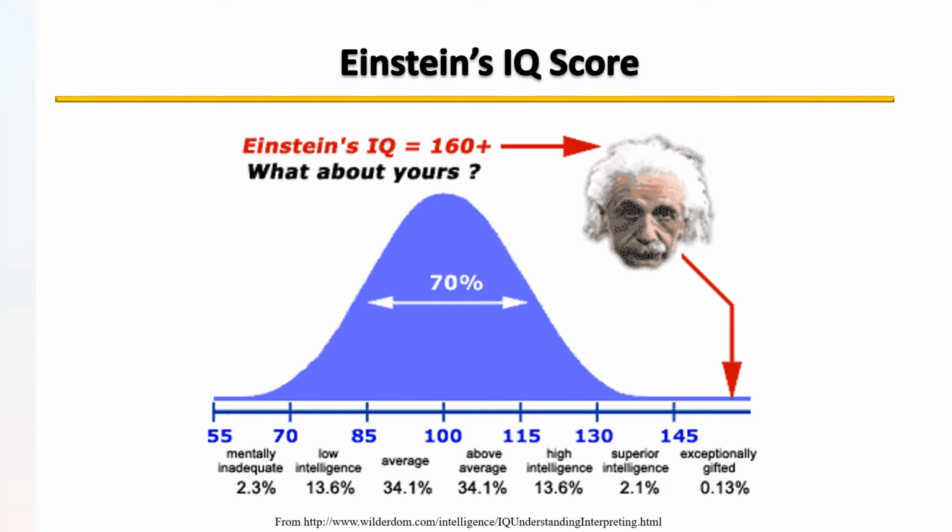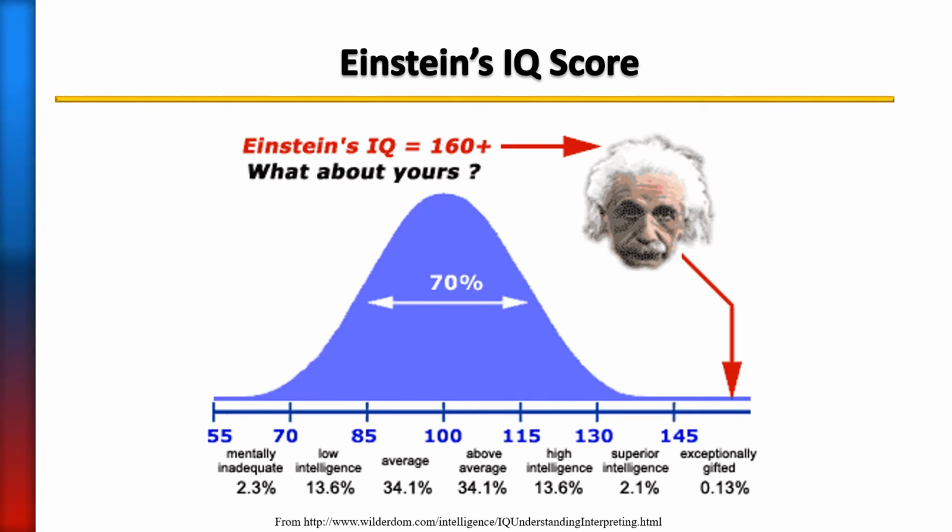It was said that Einstein had an IQ score of over 160. So he is one who is considered to be in the range of exceptionally gifted. The more you move past the norm of 100, the more intelligent the person is said to be.